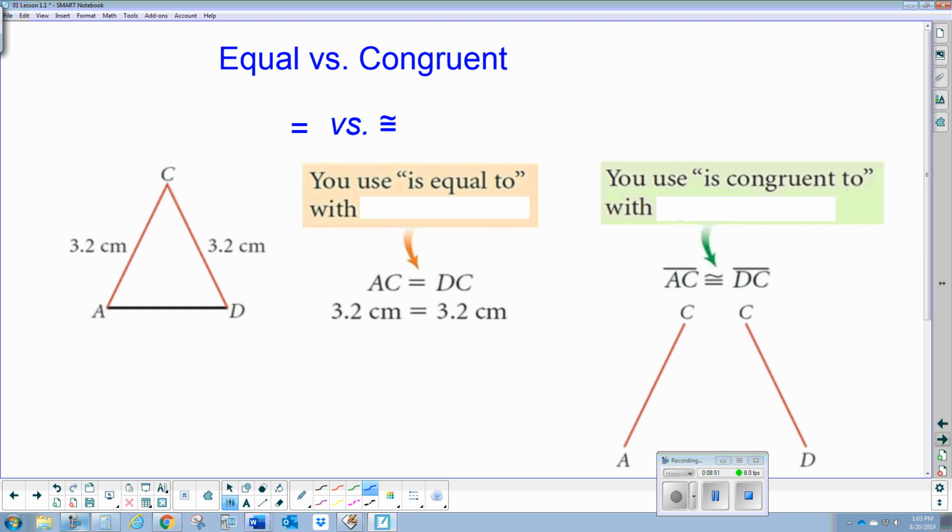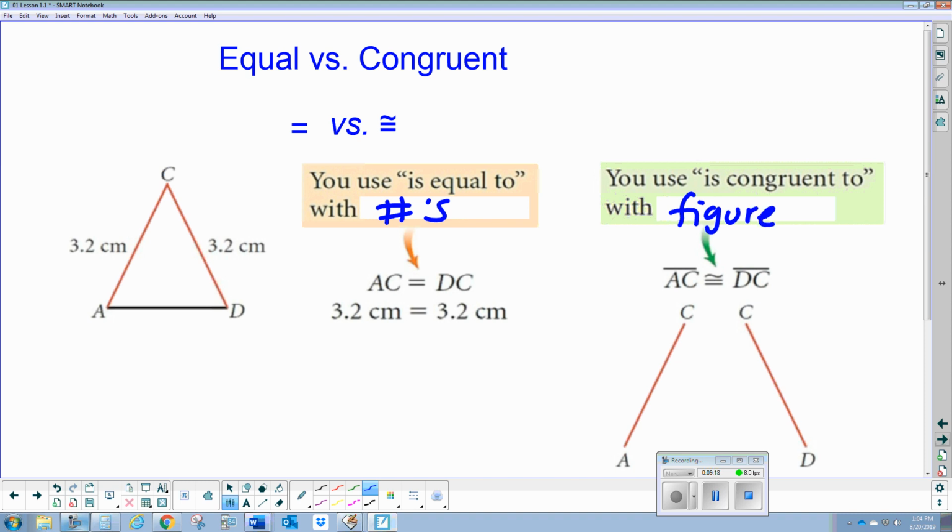Now we used equal in that last example, and we use equal when we're talking about numbers, like numerical values or distance. Okay, so when we have numbers, we use equal. A term that means equal, but we're using diagrams, there's no measurement, is congruent.